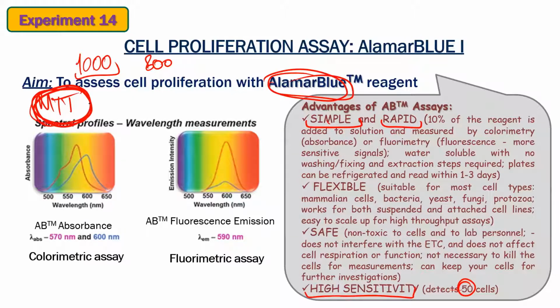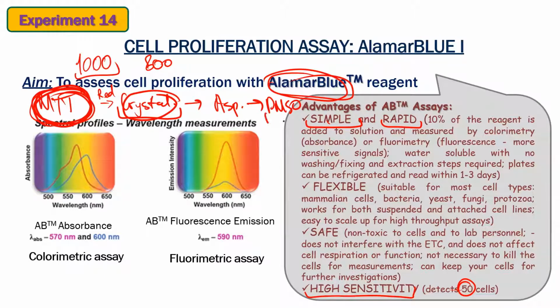Okay, so Alamar Blue is super simple and very rapid. If you take MTT, you have a step of reduction. Then you have a step of crystallization. So the reduced version of MTT sediments as crystals. Then you need to remove the medium, so aspirate the medium, and dissolve this crystal in DMSO.